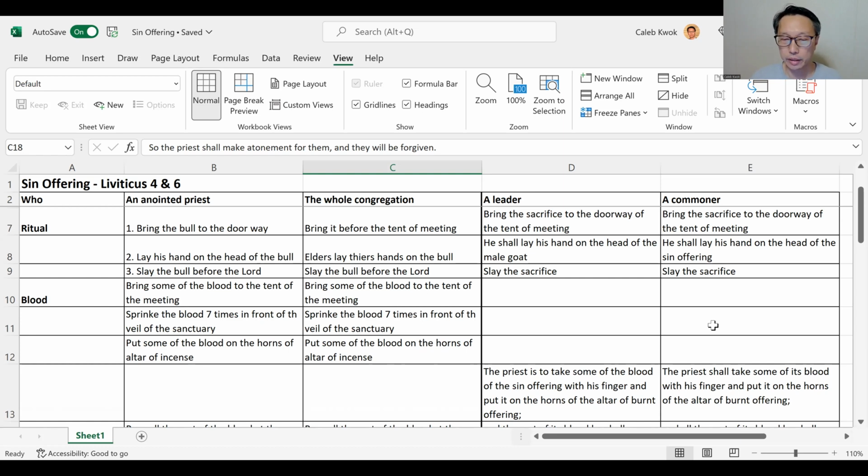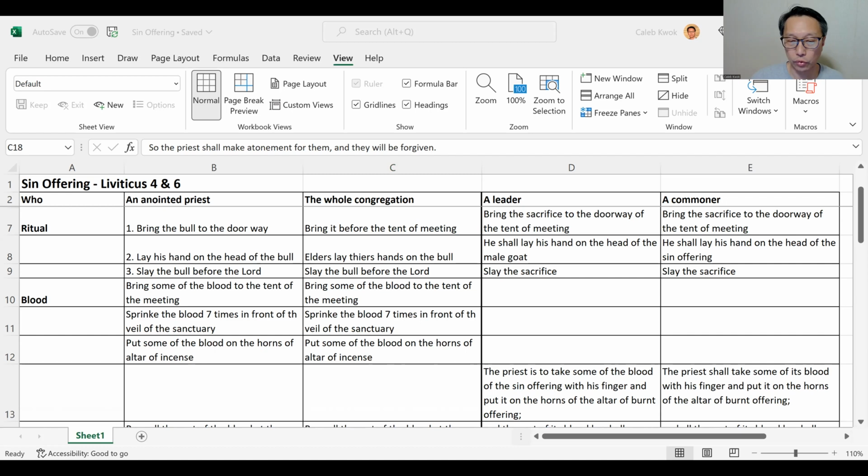What they need to do is to take some blood of the sin offering and just put it on the horns of the altar of burnt offering, or the altar of the sacrifice. Let me show you just in case. It is the one in the courtyard.